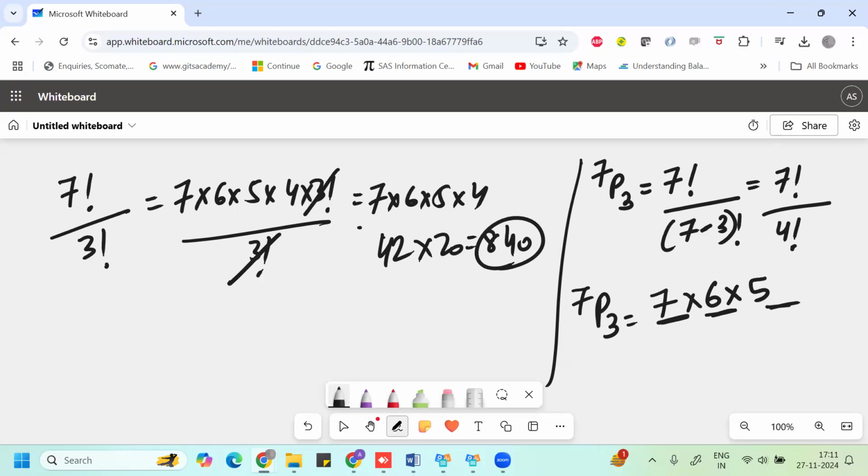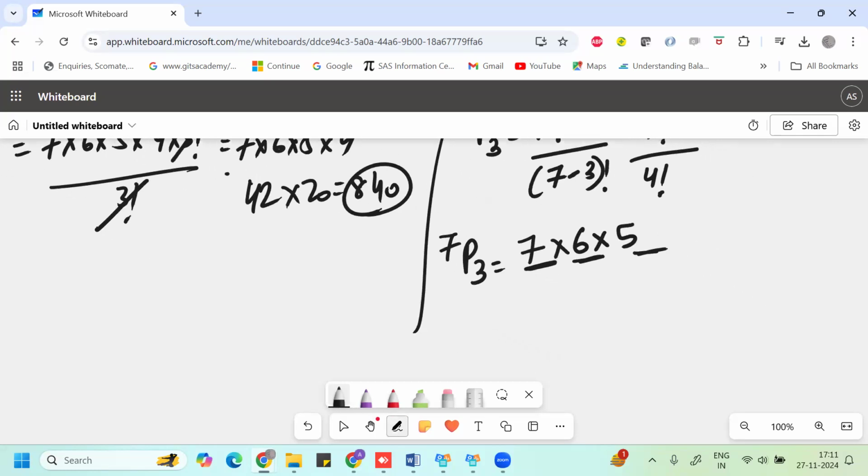This is 7P3. If I'm asking you what is 12P4, draw 4 lines, 1, 2, 3, 4, and start writing 12, minus 1, 11, minus 1, 10, minus 1, 9. Are you getting this?